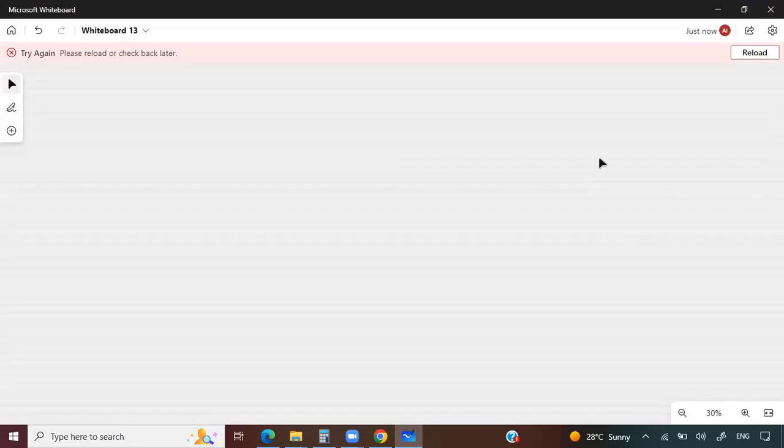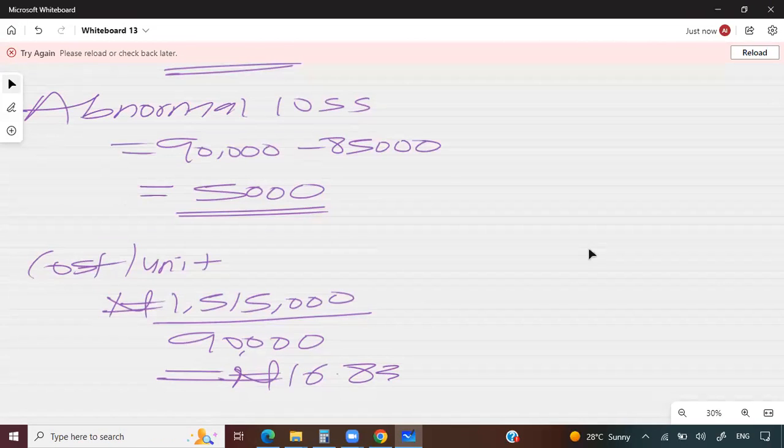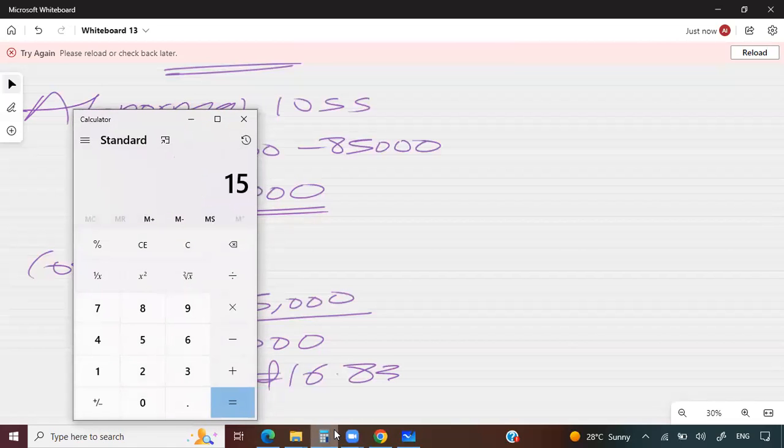What we need to do is 115 plus, let's say, 30,000 divided by 90. Because this is total cost, and we realize some things, so I need to subtract it, then divide by the 90.